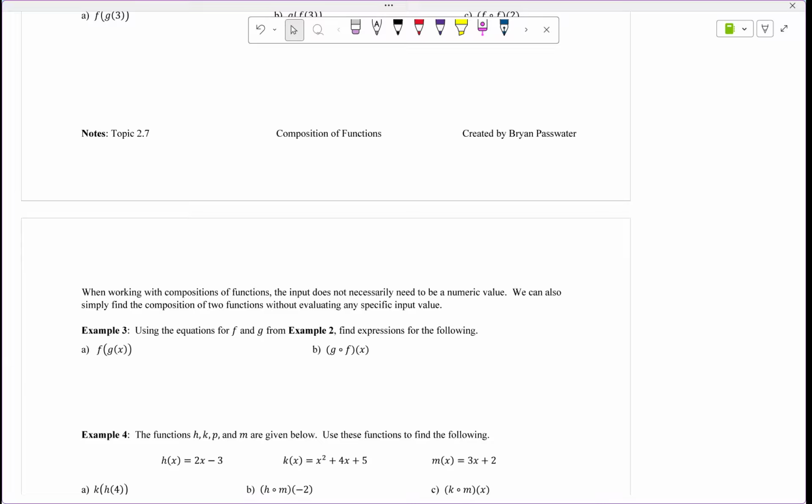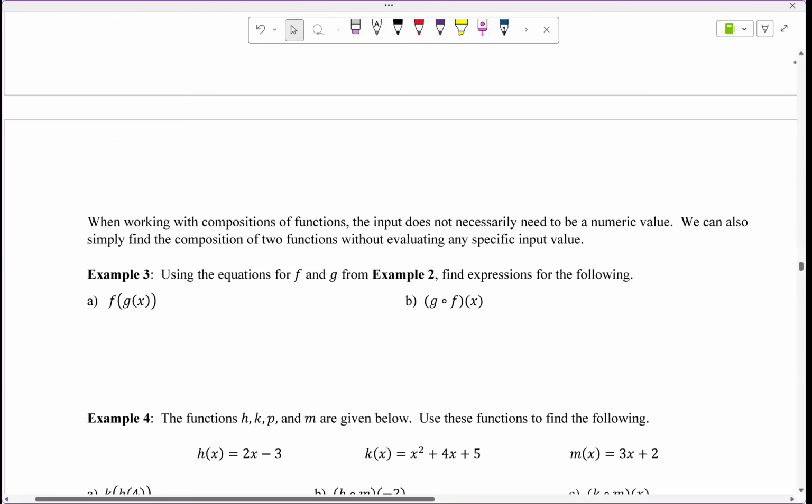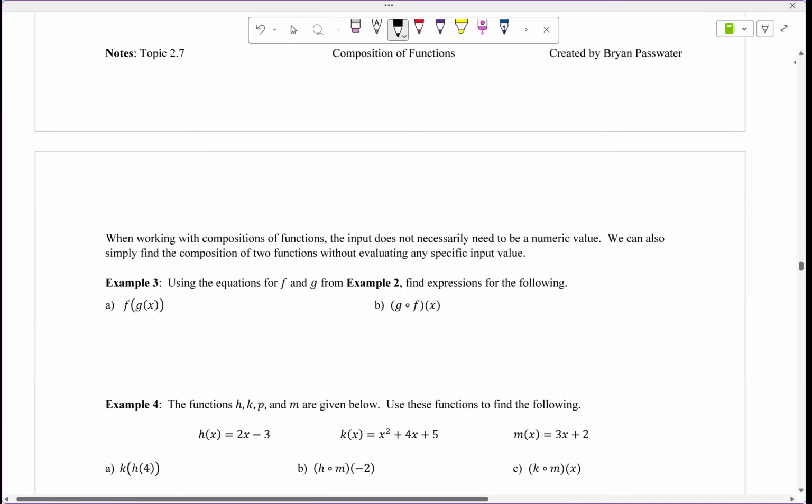Ready? Connor, can you tell us what you got for A, please? Just the answer. 3A. 6x minus 2. Do we agree? Okay, thank you.